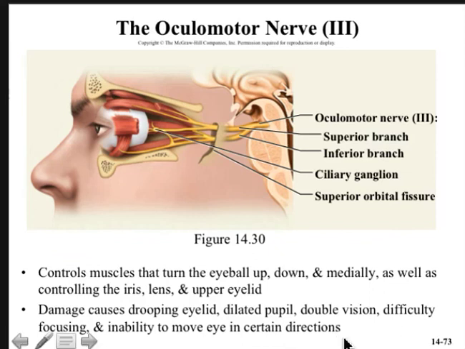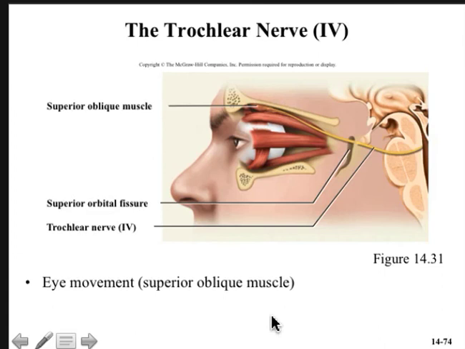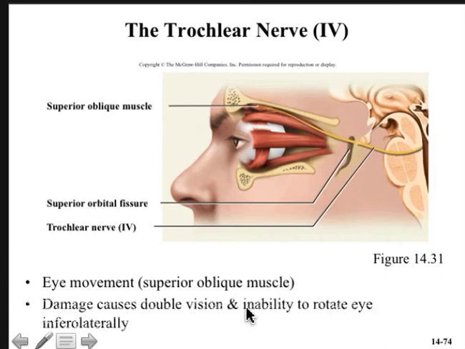The trochlear nerve, cranial nerve 4, is another nerve involved in eye movement. It innervates the superior oblique muscle. Damage causes double vision and the inability to rotate the eye inferolaterally, so downward and to the lateral side.